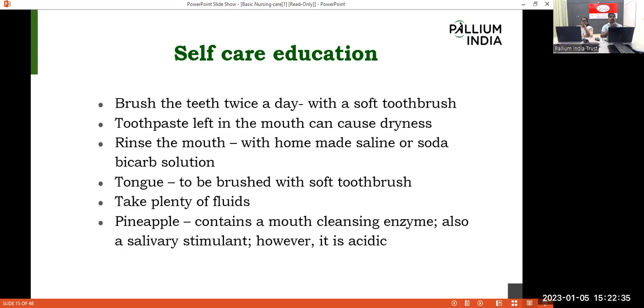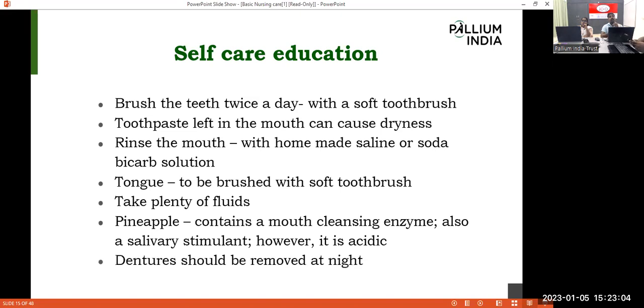So in between, chewing or taking a piece of pineapple is very helpful, if the patient likes it or is capable. Then it will give a salivary stimulant action also. Not excessive, but proper salivary secretion happening, we can promote the moisturizing effect in the mouth.